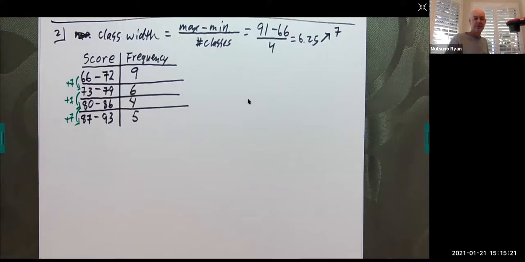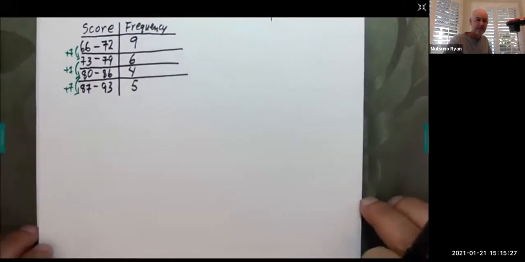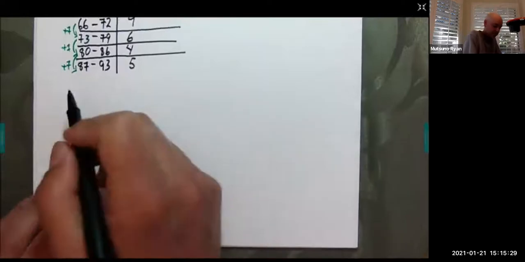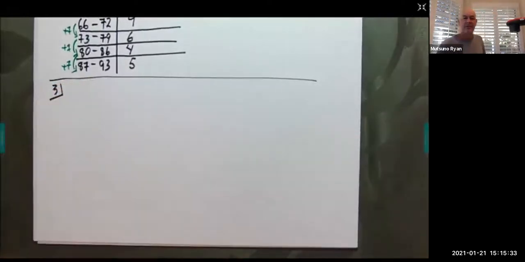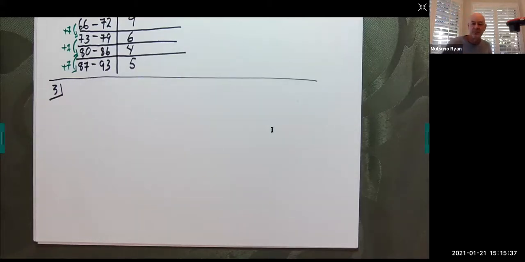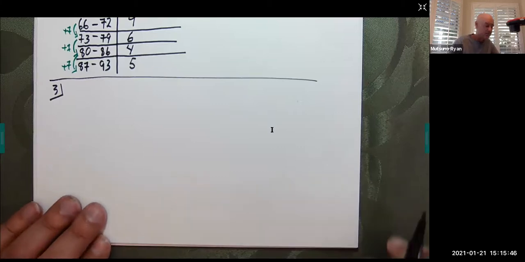Moving on to number 3. Number 3, these are the mean highway speeds that are summarized in the frequency distribution below. Find the mean. All right, so what we have to do is find the midpoint for each of these speeds.